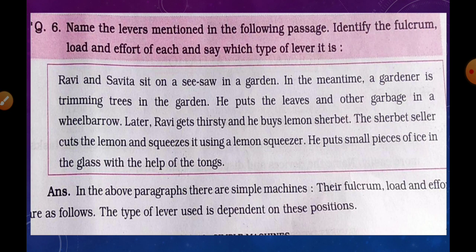See here the continuation, and this is the passage given on this page. Questions and answers are in the next slide. So the next slide is the continuation of the sixth question. That is the answer for the sixth question. Understood? I am going to turn the slide.